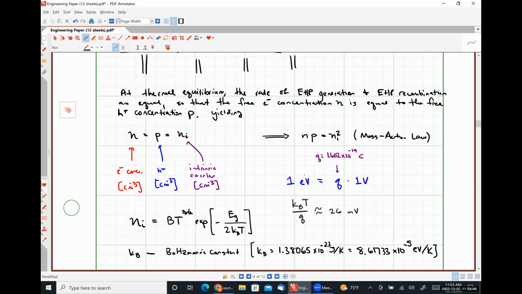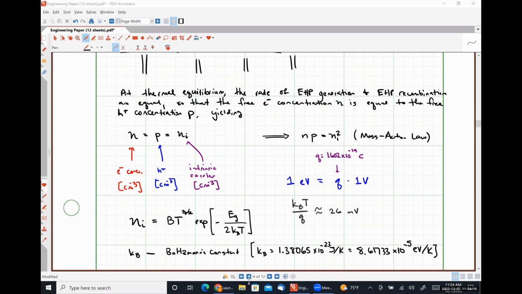They're just lumping together a ton of complex, weird math into a single parameter that depends on a material. So I'm saying all this to say I'm neglecting a ton of physics by giving you this particular expression, because all of that background physics regarding effective density of states, effective mass, and all that kind of stuff doesn't really matter to the applications that we are using this stuff for, okay?